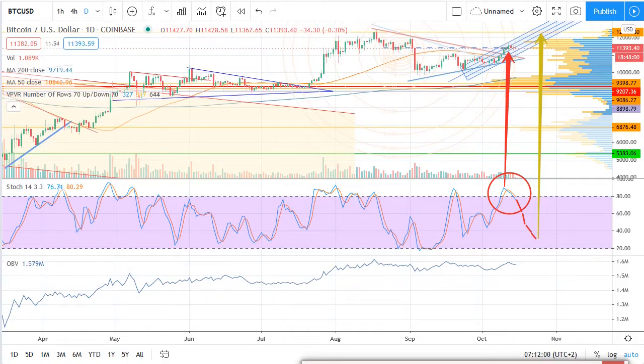But I'm going to tell you what, if we violate the lower boundary of this pitchfork, we're in for a correction that ain't going to be pretty.